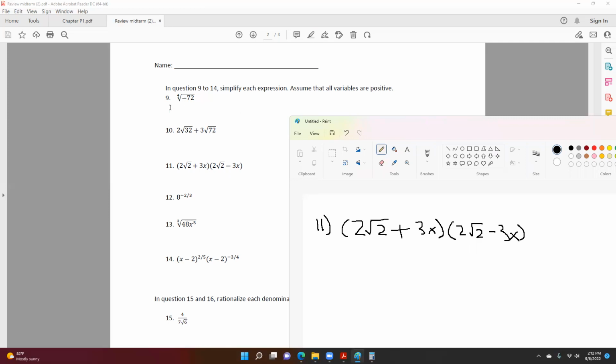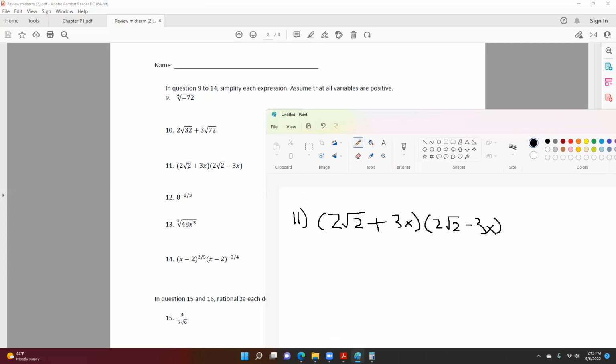Why do you say this is DNE, not a real number, or no solution? Because there's no way to break down negative 72 with the index of 4, I guess. Yes. This is the same as the domain we mentioned early on, because it is an even index. So your radicand cannot be what? Cannot be negative. Okay, so that's the reason why number 9 here is DNE or no real solution.